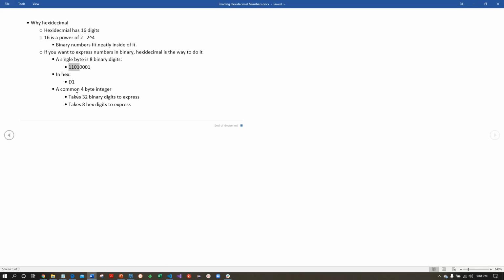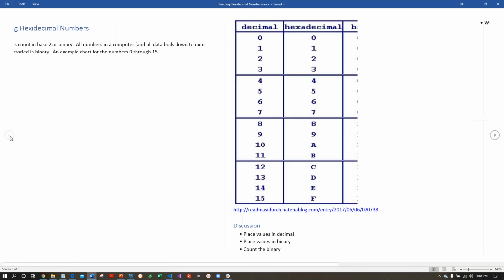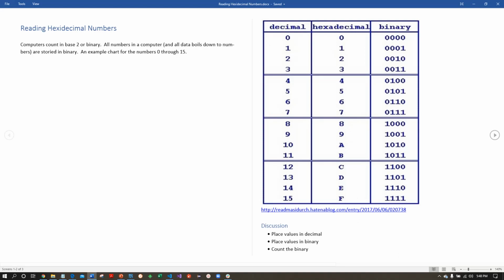It gets verbose. But with 8 hex digits to express it, and with a little bit of practice, your mind can map the hexadecimal right onto the binary. It's just a better way to communicate binary numbers among human beings, and that's the purpose of hexadecimal. Thank you.